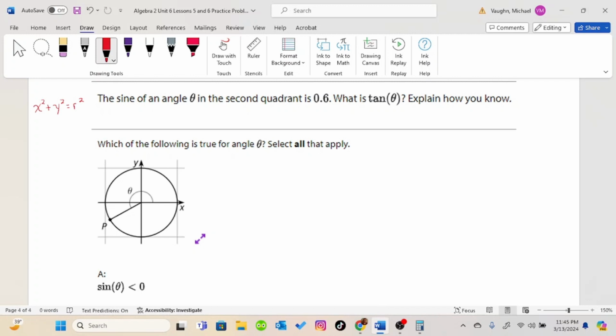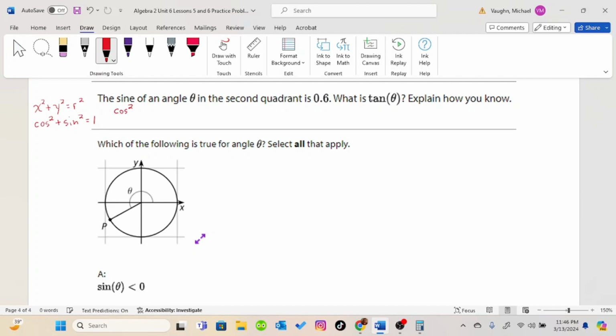Well, now we want to integrate trigonometry with the Pythagorean theorem. Since x is cosine, we can say cosine squared. And since y is sine, we can say sine squared. And the radius on a unit circle is always 1. So cosine squared plus sine squared equals 1.